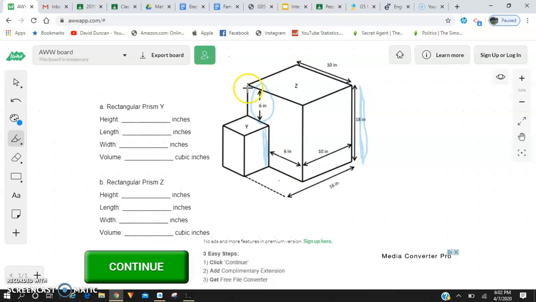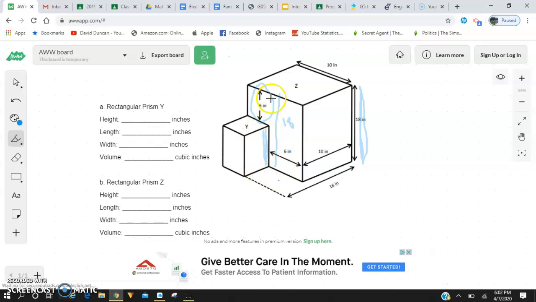So from here all the way down to here is 18, but I don't want that overall height of Z. I want just the height of Y. So if I know this whole area right here is 18, but I only want this area right here, I'm going to take away the 6 inches that is between the two prisms.